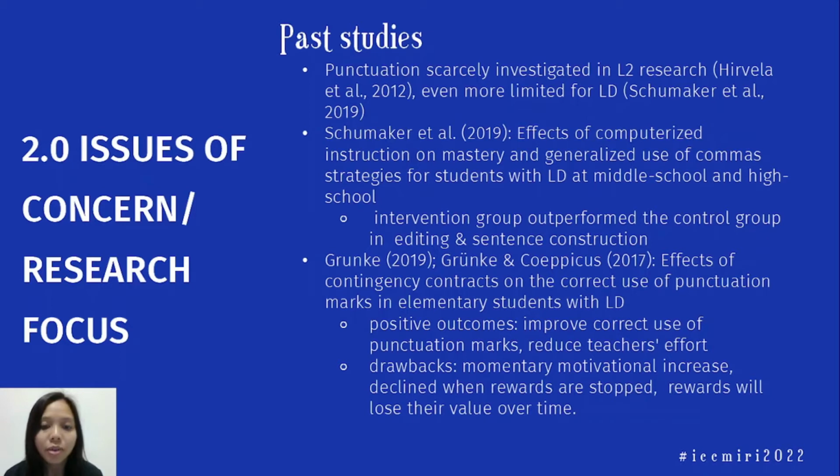On the other hand, Grant and Grant-Kopicus investigated the effects of contingency contracts on the correct use of punctuation marks in elementary students with LD. Although the study produced positive outcomes such as improved correct usage of punctuation marks and reduced teachers' effort, however, there are many drawbacks, where it only causes a momentary motivation increase.